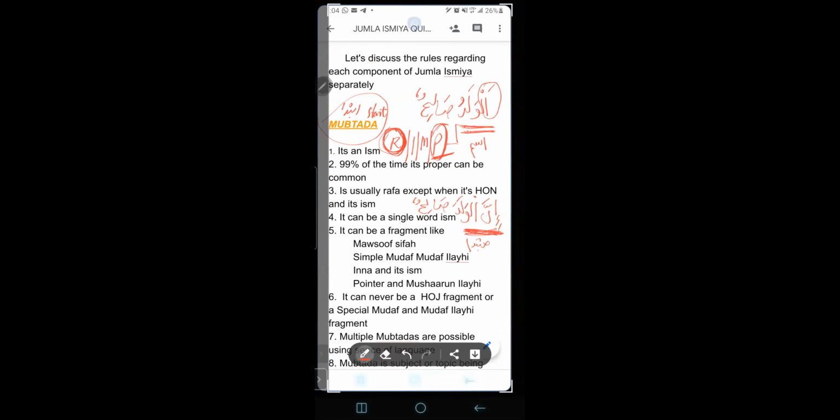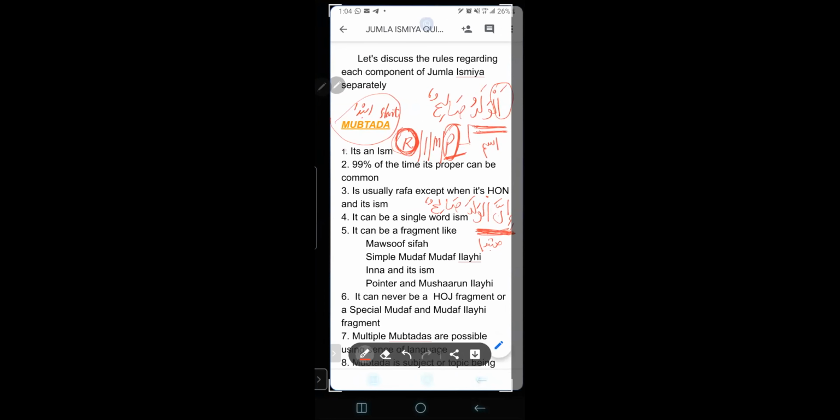So we have, it's an ism. 99% of the time it is proper. It is usually rafa except when it's HON and it's ism. Now over here you see al waladu is a single ism. It's not a fragment, right? So here mubtada is a single ism. Also khabar is a single ism.